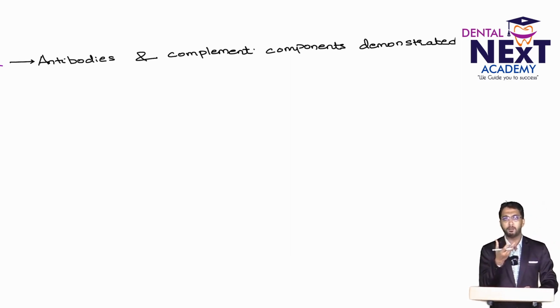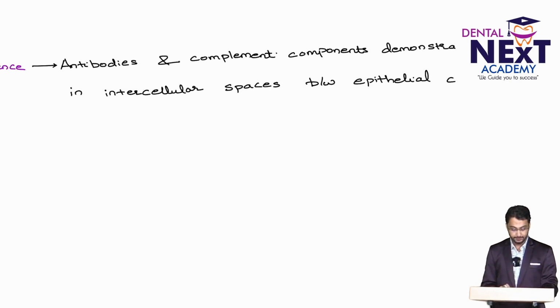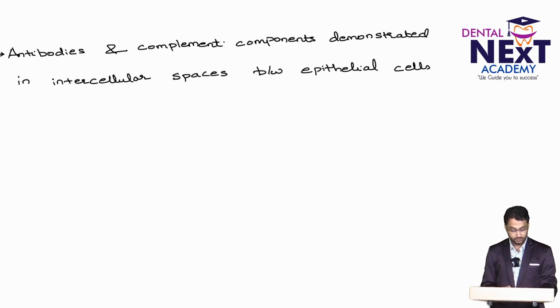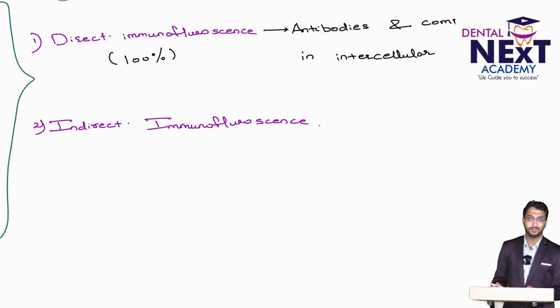I know you would have forgotten many things about complement, but still you know it. Now, these are seen in the intercellular spaces, the desmosomes of the intercellular spaces between epithelial cells.